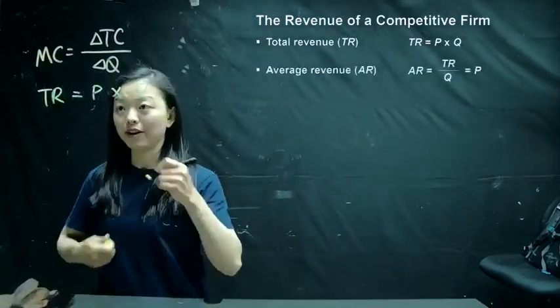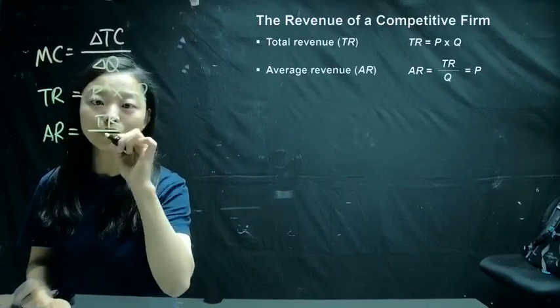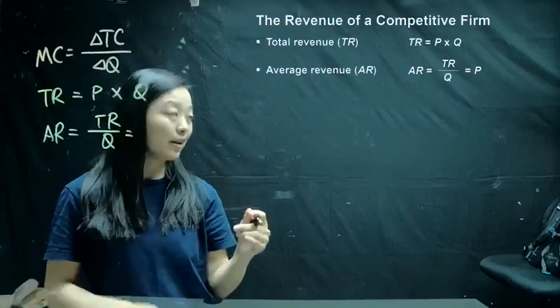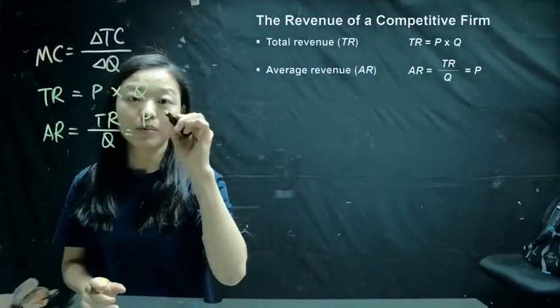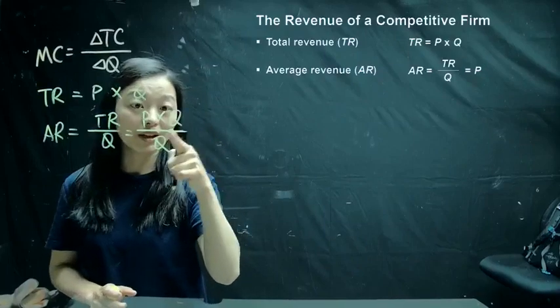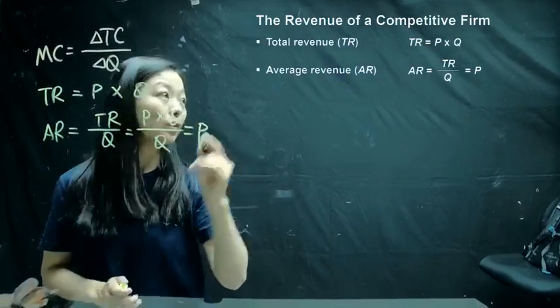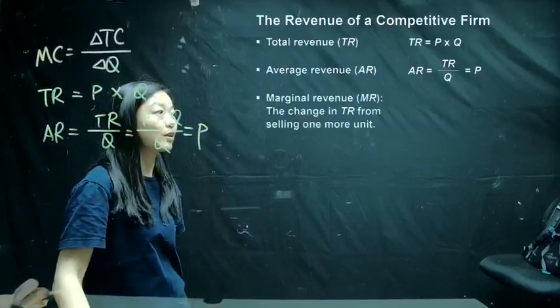Average revenue is total revenue divided by quantity. In a perfectly competitive market, P times Q divided by Q, you can notice we can eliminate Q, so average revenue just equals price.